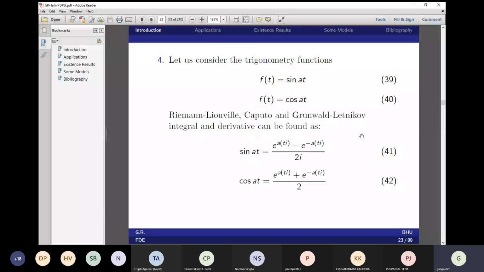If we know the derivative of the exponential function, then you just put in the value and you can calculate the derivative of sine and cosine in terms of the Riemann-Liouville, Caputo, Grünwald-Letnikov and so on.